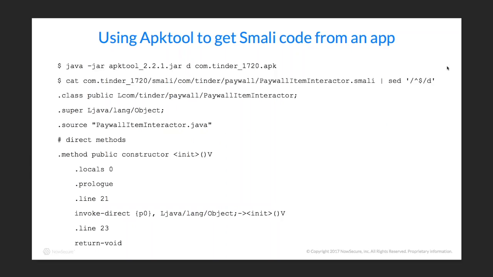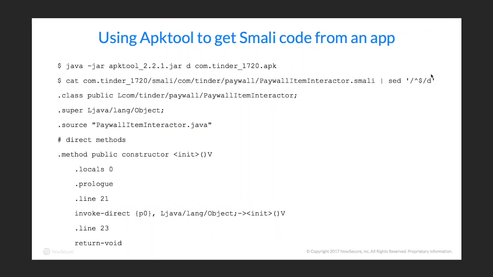The first thing: Android apps are packaged as APKs. So either you've got your own that you're thinking about uploading to the store, or you've got one that you pulled off the device, like you install it from the store and pull it off so you can look at somebody else's app. In this example, we're using APKTool to reverse the app back into Smali code, and you can see right in here we're using Tinder for the example.